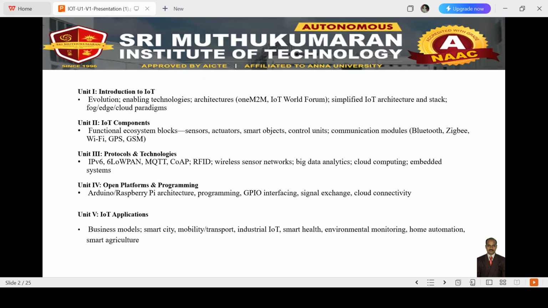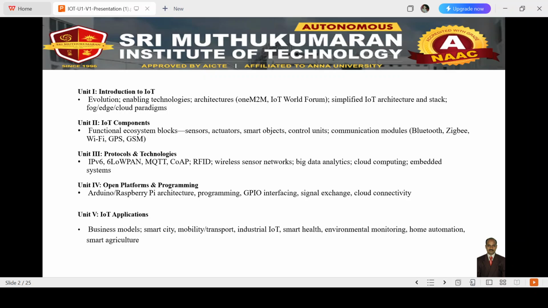And communication modules like Bluetooth technologies, Zigbee, Wi-Fi technologies, Global Positioning System GPS, and at last the GSM module. All of these we are going to see in the IoT components of Unit 2 in this syllabus.